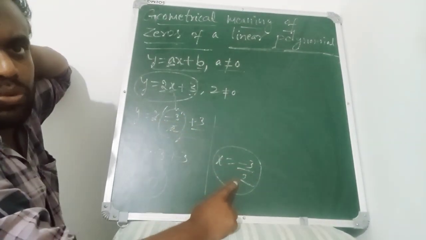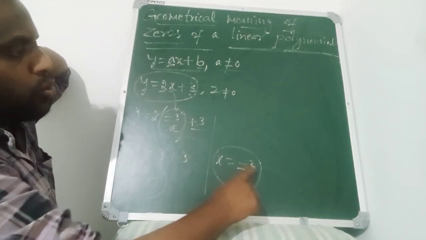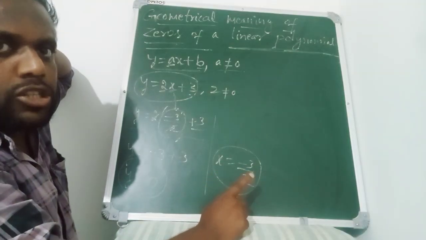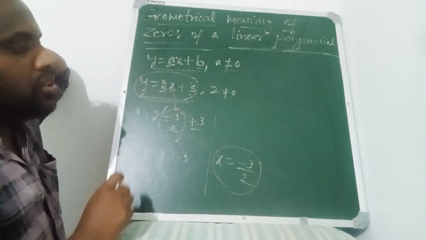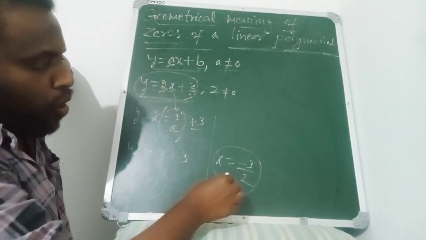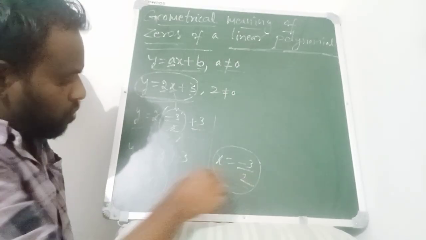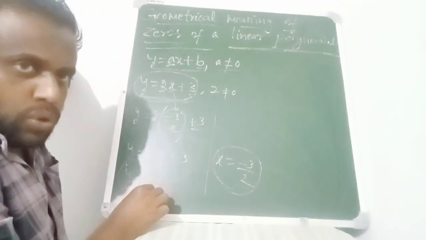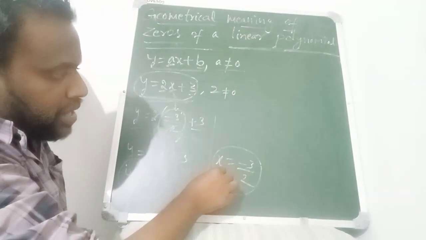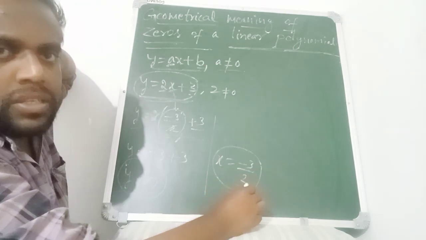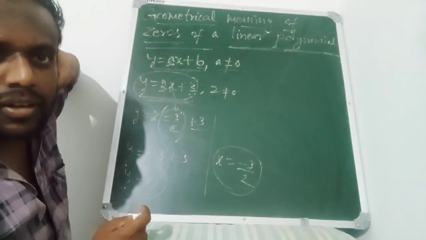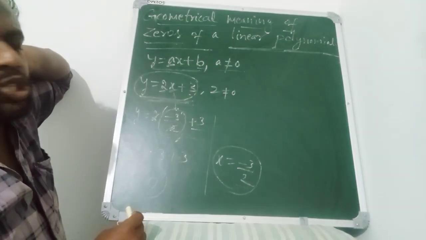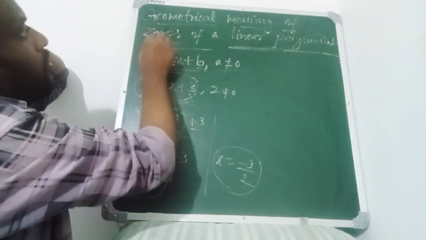Now this is the zero. So x is equal to minus 3 by 2 is the zero of this polynomial. Zero means the value of x for which y is equal to 0. So this value of x, minus 3 by 2, is the zero of this polynomial. Now we understood what is a linear polynomial and what is zero.